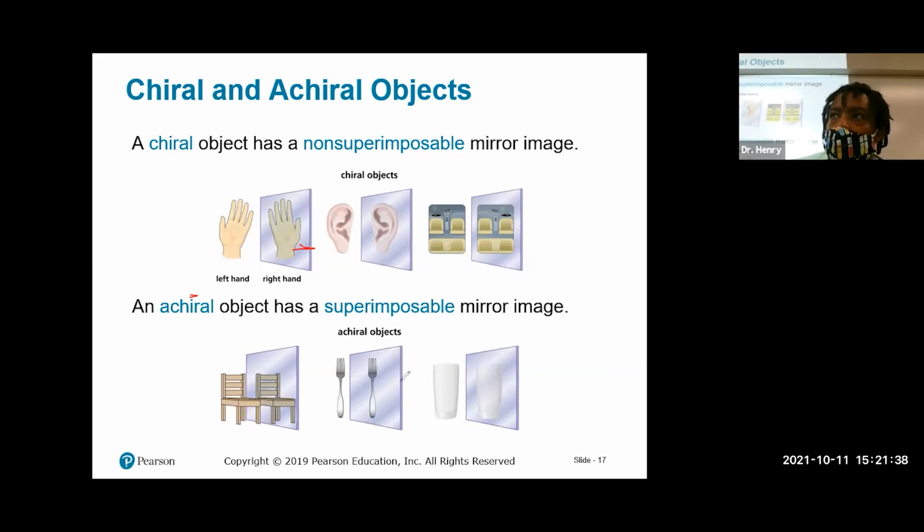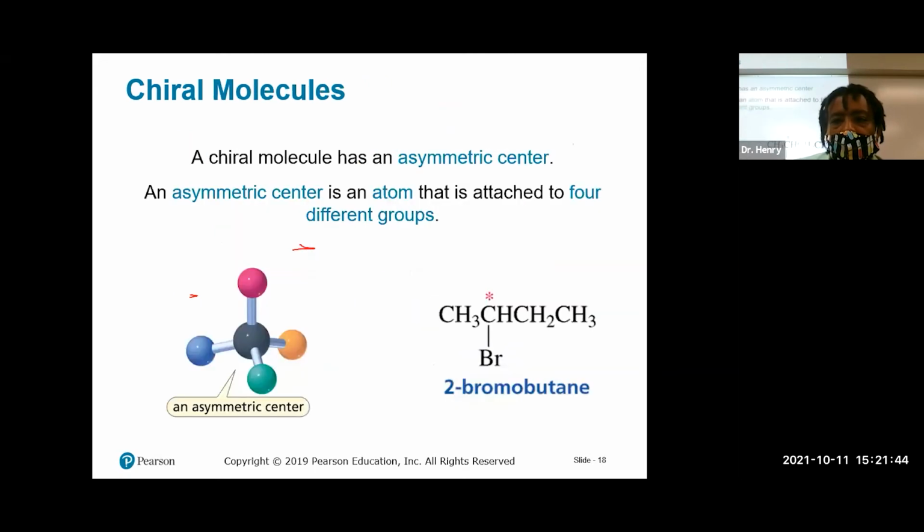The fork, the glass. So here, chiral molecules are going to have an asymmetric center. So it's going to lack symmetry, asymmetric.